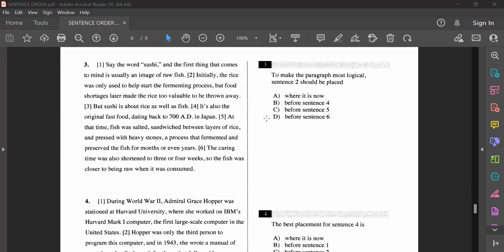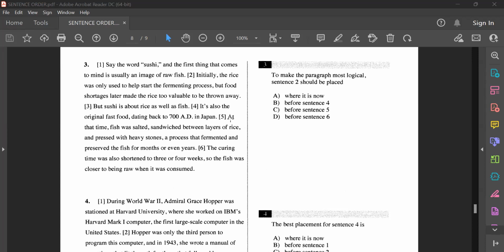So A gets eliminated. Then it says before sentence 4, which means after sentence 3, right? Sentence 4 says "It is also the original fast food dating back to 700 AD in Japan." The word "also" means one quality should already be mentioned, so it cannot be placed before sentence 4.